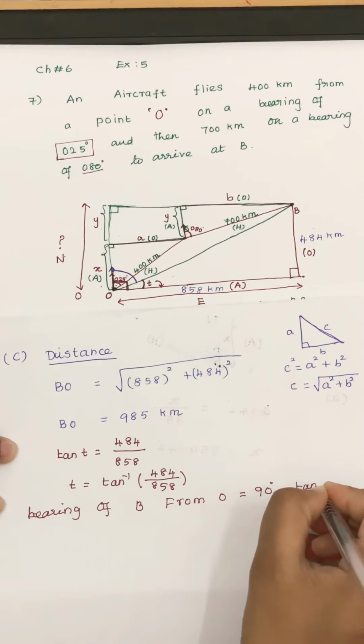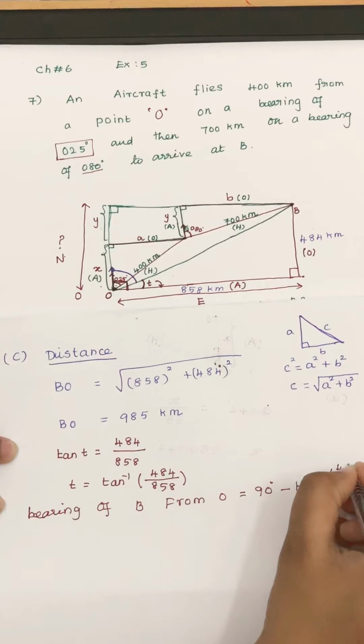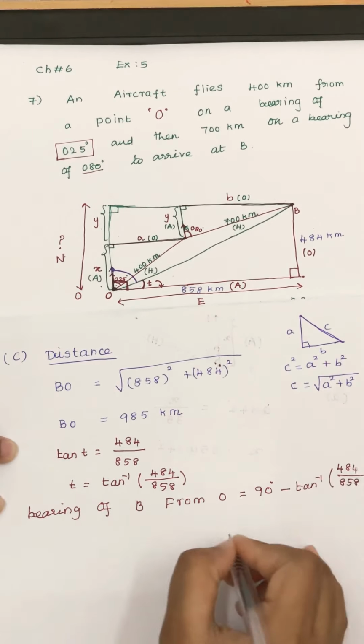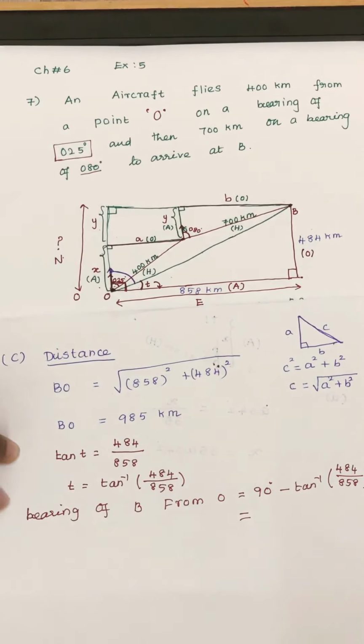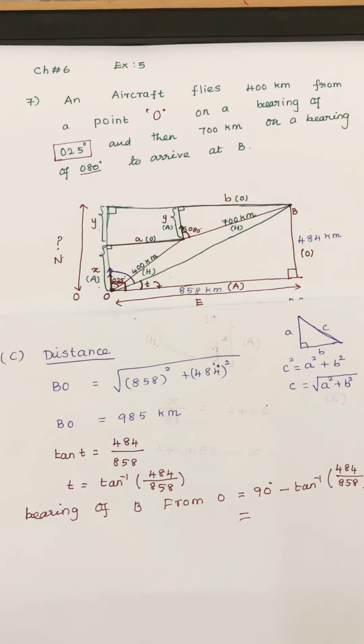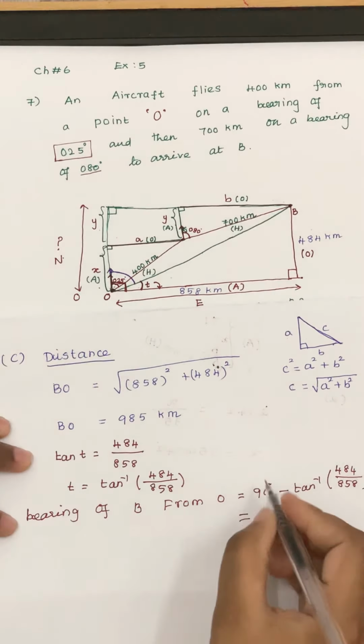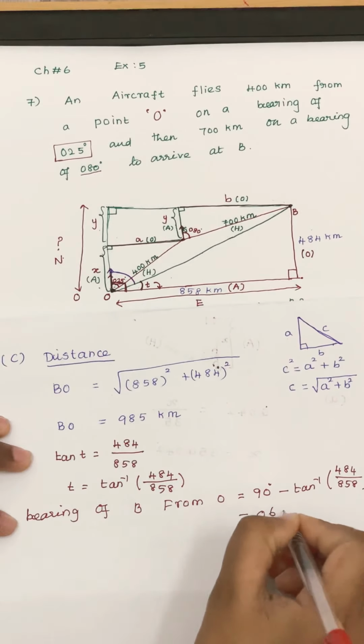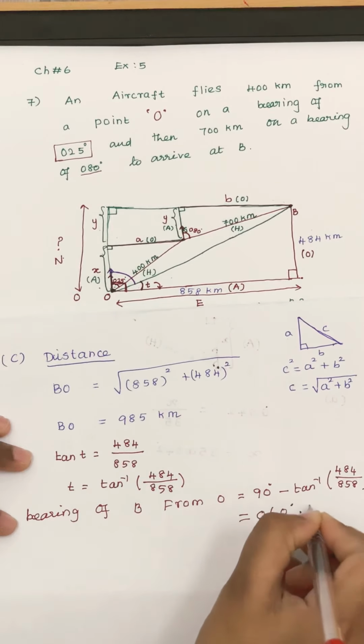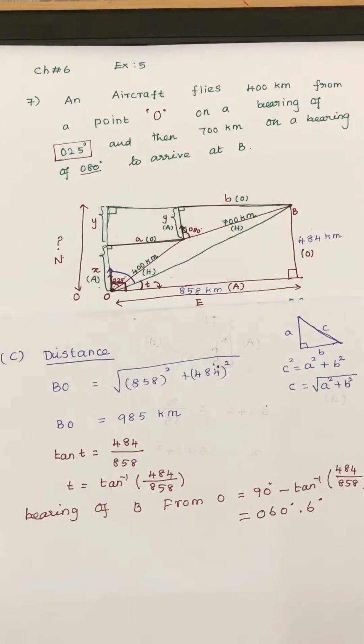T is tan inverse of 484 divided by 858. So plug into your calculator 90 degrees minus open bracket tan inverse of the fraction 484 by 858, close bracket, and one more close bracket. You will get your answer as the bearing 060 degrees, 60.6 degrees, approximately rounded.